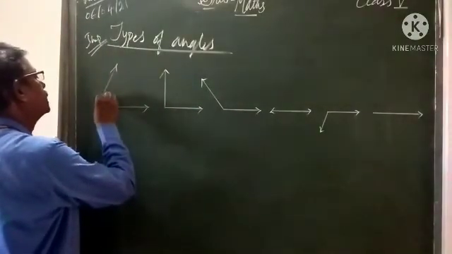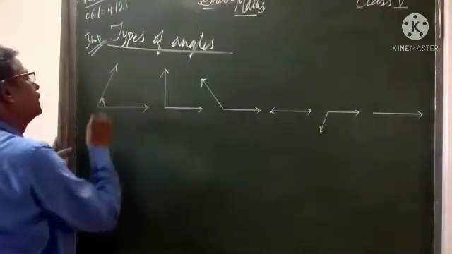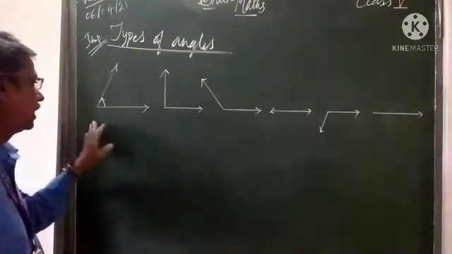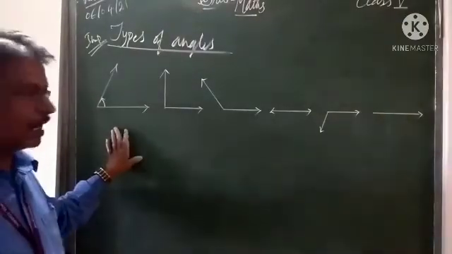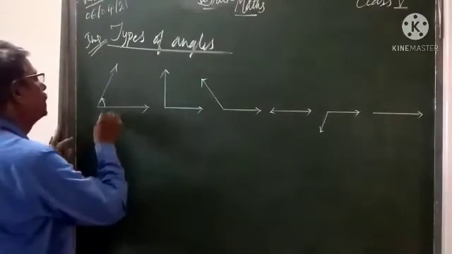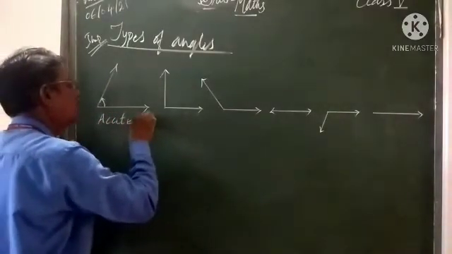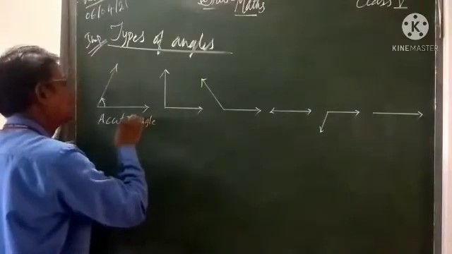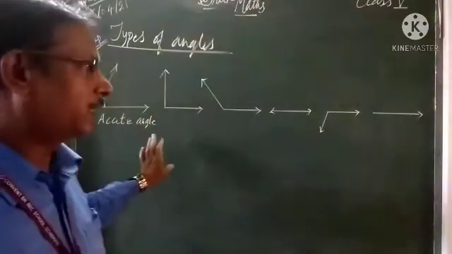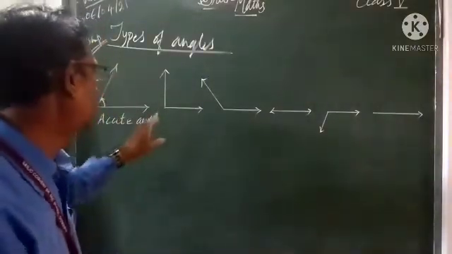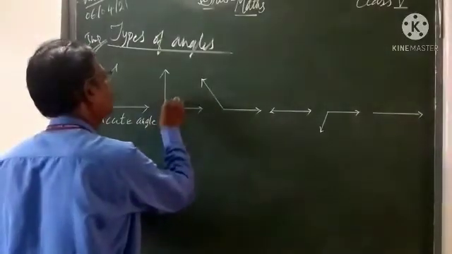If we measure this angle, you may get less than 90 degrees. An angle whose measure is less than 90 degrees, such a type of angle is called what? Acute angle. An angle whose measure is less than 90 degrees is called an acute angle. Now, after measuring this angle, you may get 90 degrees.